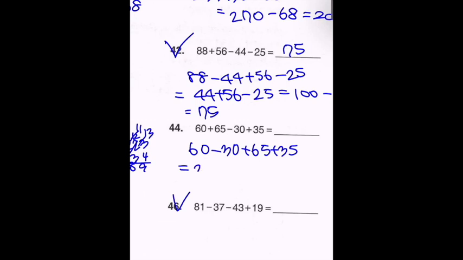And so that's going to be 30 plus 65 plus 35. And since 65 plus 35 is going to be 100, we're going to do 30 plus 100, which gives us 130.